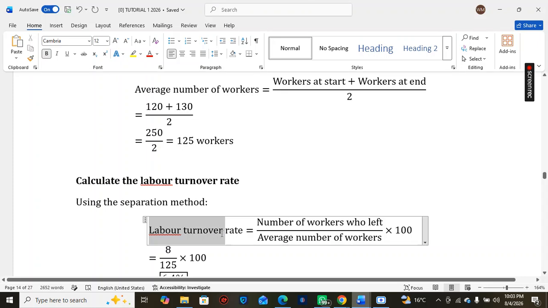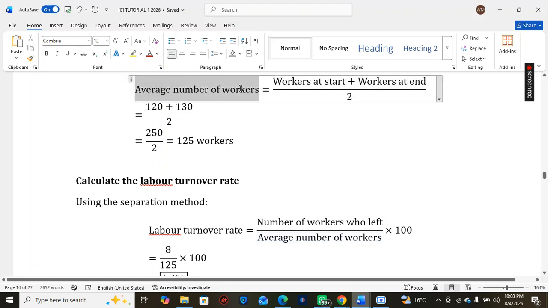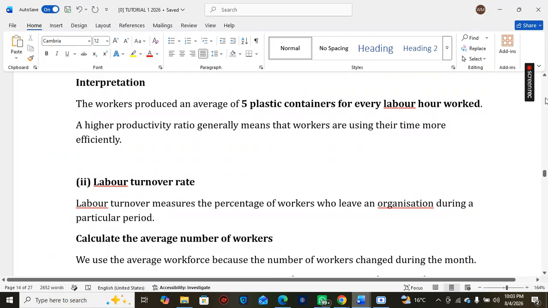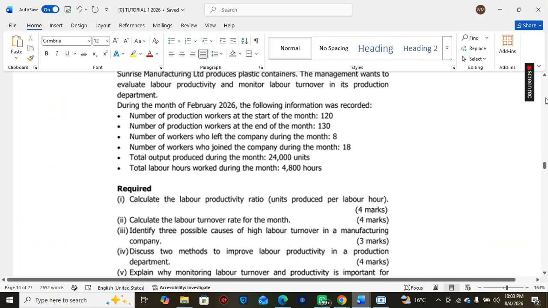So labor turnover rate is the number of workers who left over the average number of workers, multiplied by 100. So we need to get the average number of workers. Number of production workers at the start of the month, 120. At the end of the month, 130.